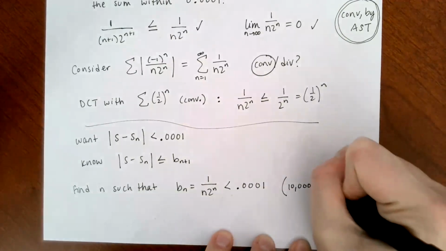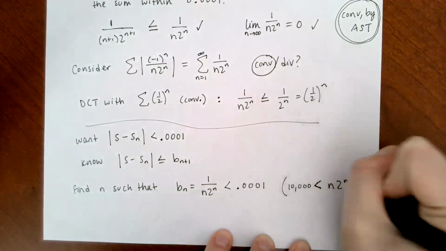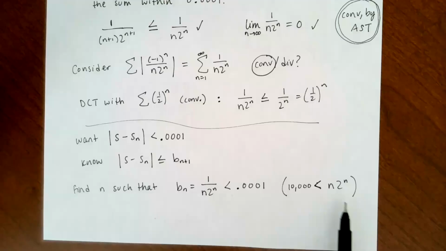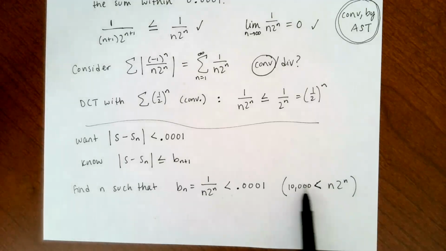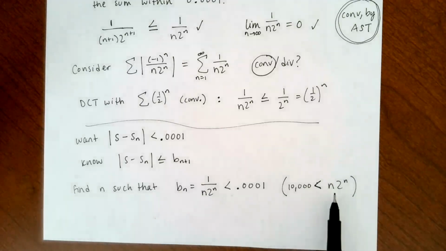We want 10,000 to be less than n to the n. This kind of algebra, though, is tough to complete. So from here, you would still be plugging in numbers experimentally, trying to find what number actually makes this happen, remembering that n can only be integers.